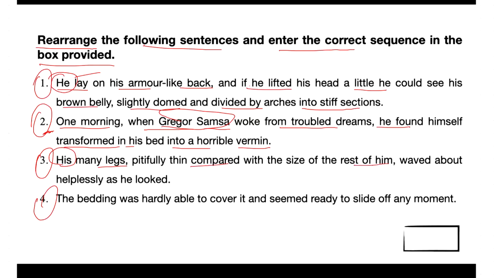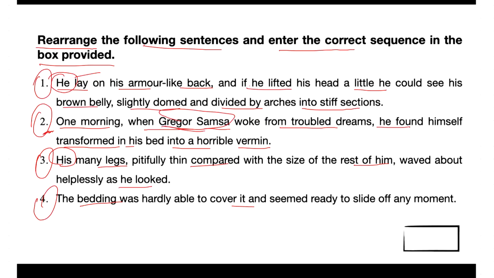Sentence four said the bedding was hardly able to cover it and seemed ready to slide off any moment. Now we are sure that his, him, as well as he refer to Gregor Samsa.